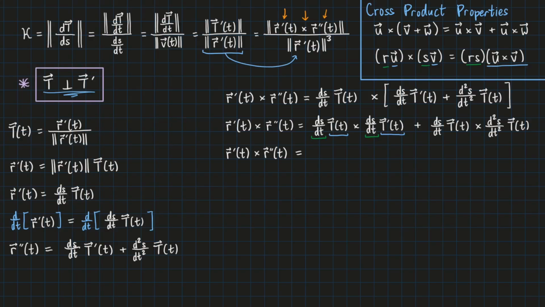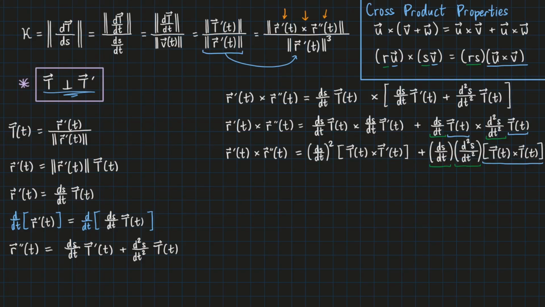In the green, we have ds/dt, and that is a scalar. Multiplying ds/dt with ds/dt gives us the square of ds/dt. And then we multiply that with T cross T prime. And then we do the same for the other side of the sum. Now, be careful. The square of ds/dt is not the same thing as d2s/dt squared.